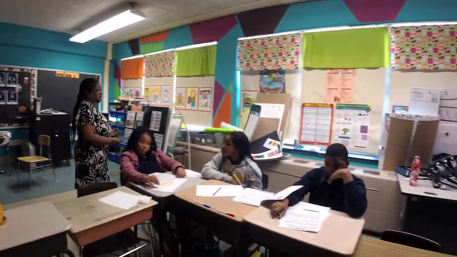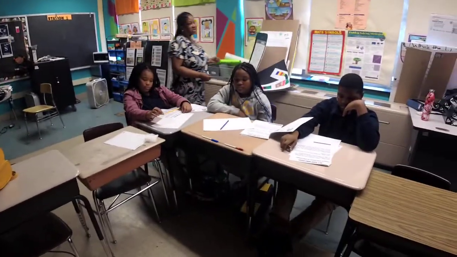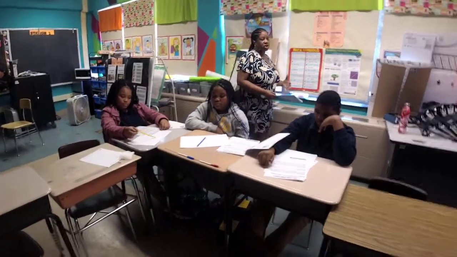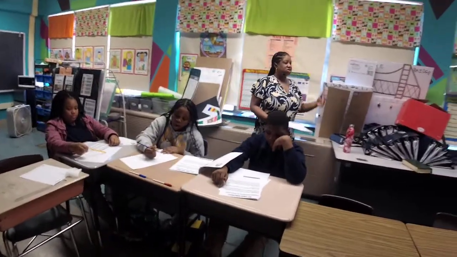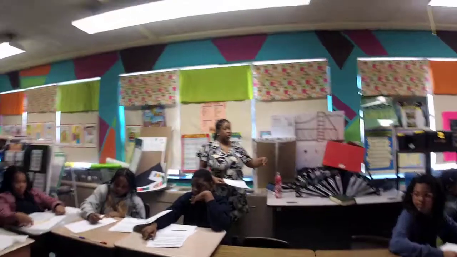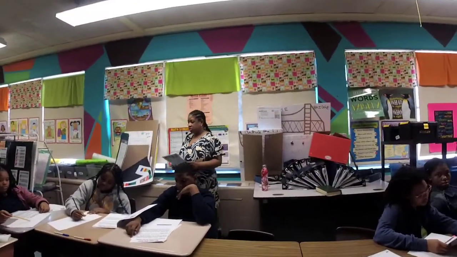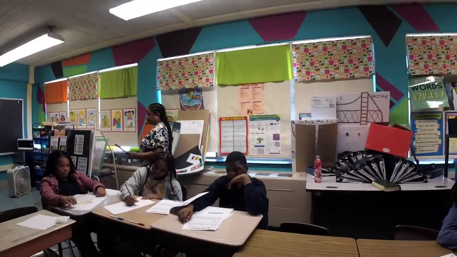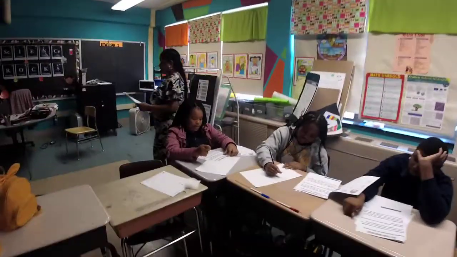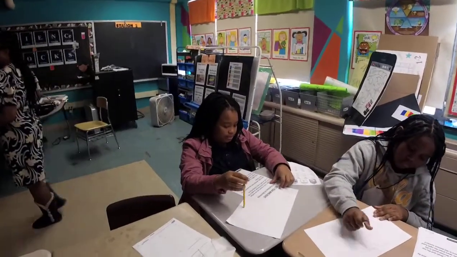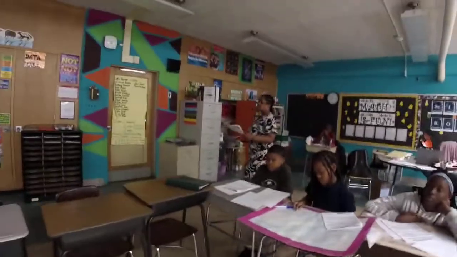So this is like a mini lesson within a lesson, so it's scaffolding. Miss Owens is scaffolding for you so that you all can solve these problems more easily. Number 2, read that, Kamaya. Multiply both top and bottom by that number. Whatever you do to the bottom, you got to do to the top.